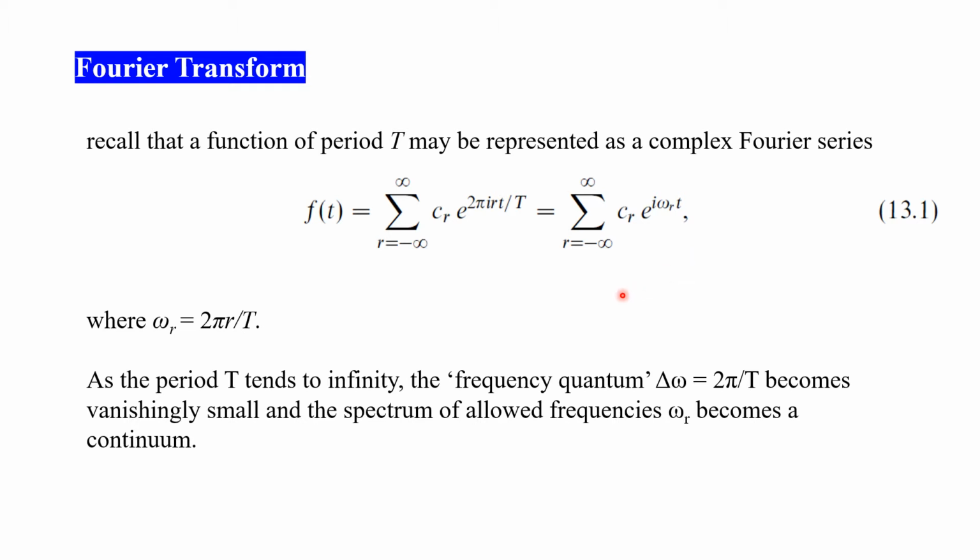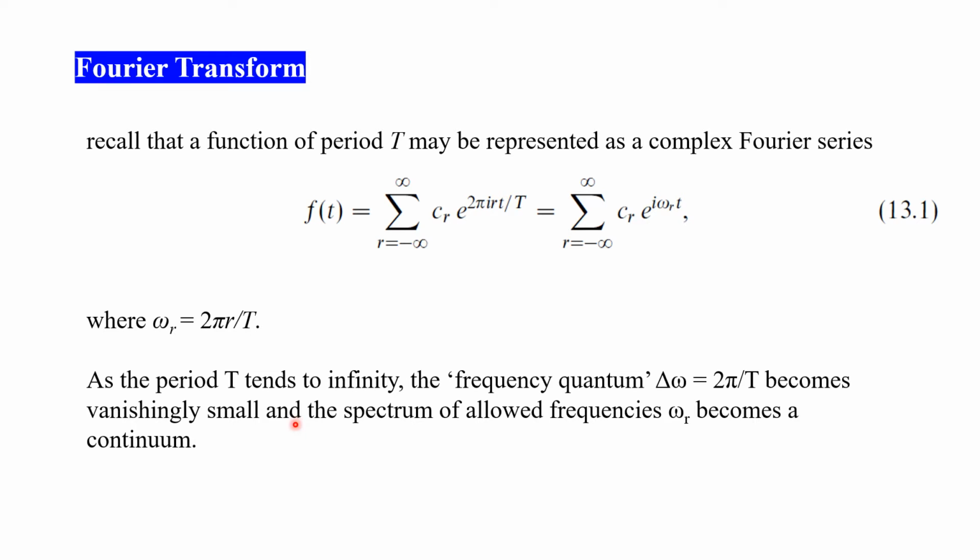The complex Fourier series is f(t) equals the sum of c_r e^(2πirt/T), where big T is the period. We can also write this as the sum of c_r e^(iω_r t), where ω_r is equal to 2πr/T.